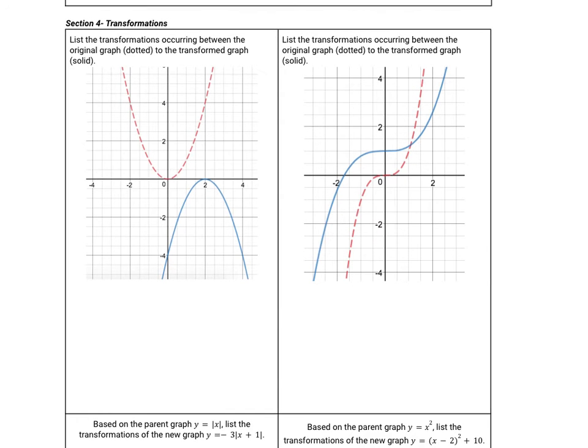So I know that there is a reflection. Okay. If we're looking at quadratics, we pay attention to the vertex. I also notice that we have moved left. So moving left and right, that is a horizontal shift. So there is also a horizontal shift.